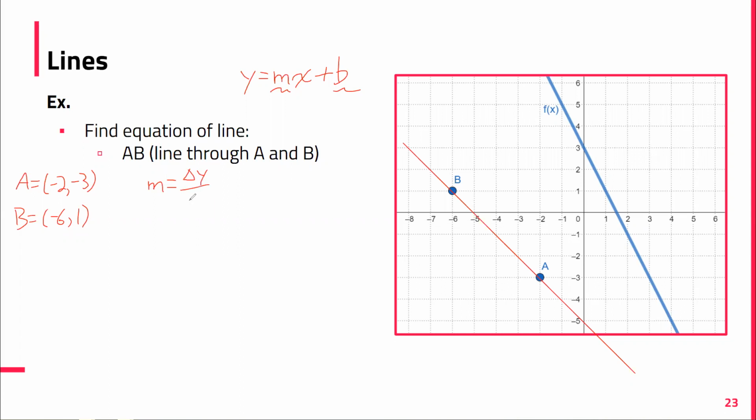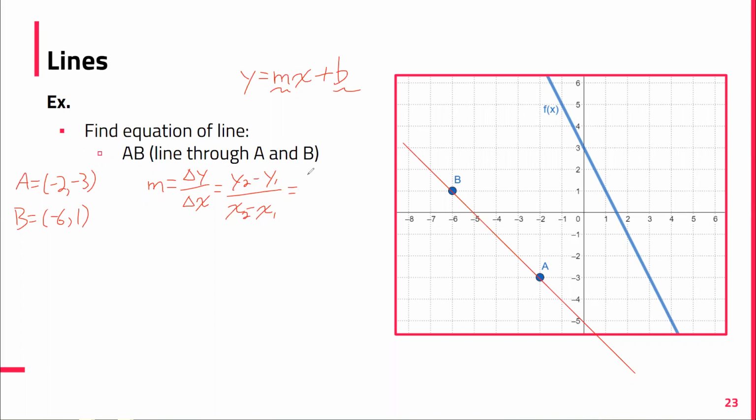Our slope formula, the thing that we talked about before, delta y over delta x. So we'll choose which one should be point 2, which one should be point 1. B is point 2, okay. So that would give us y2 minus y1.